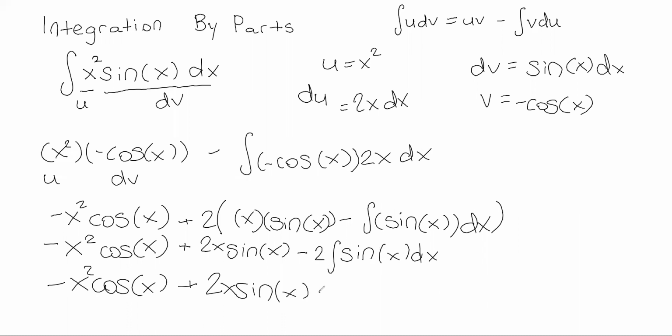So it turns it positive again. We get positive 2 times cosine of x, because that's the antiderivative of negative sine, plus C. As you can see, we have finished. We have all 3 terms, not a single integral in sight. So we're finished. This is how we apply integration by parts twice to solve a particularly tricky problem like this one.